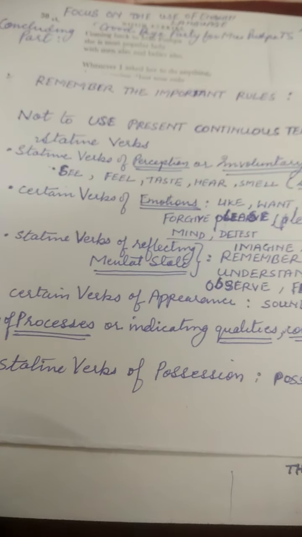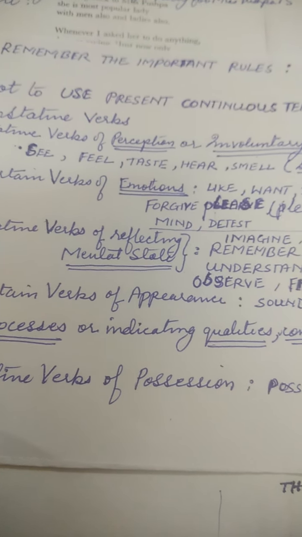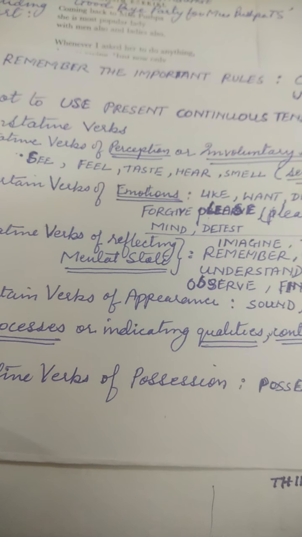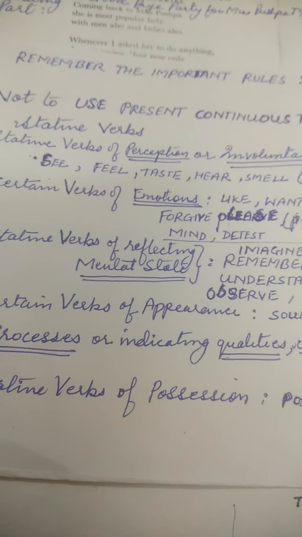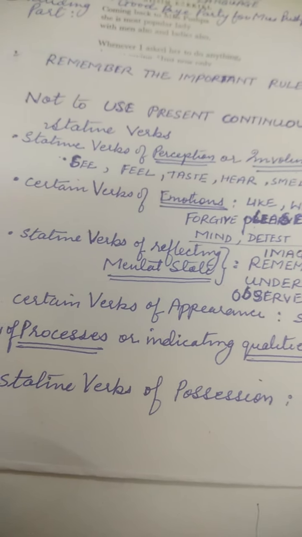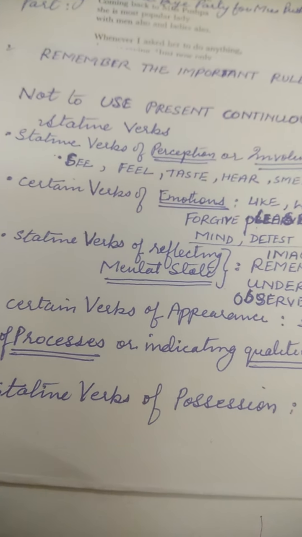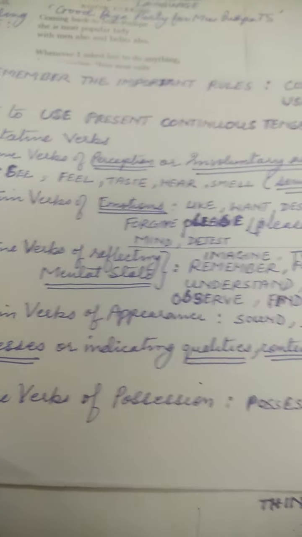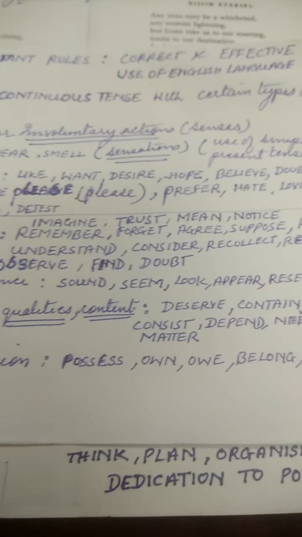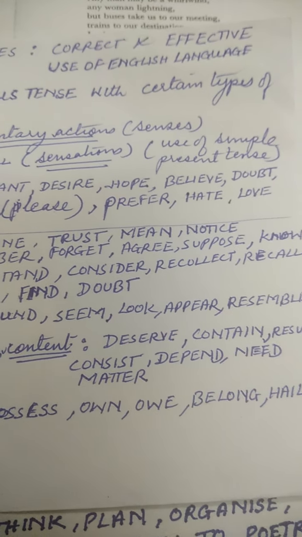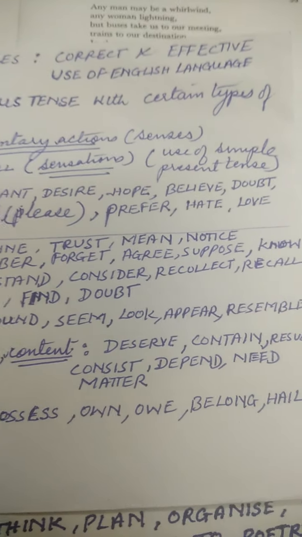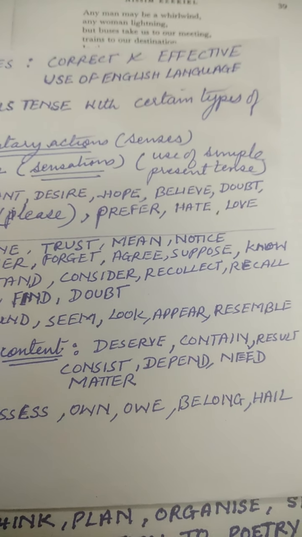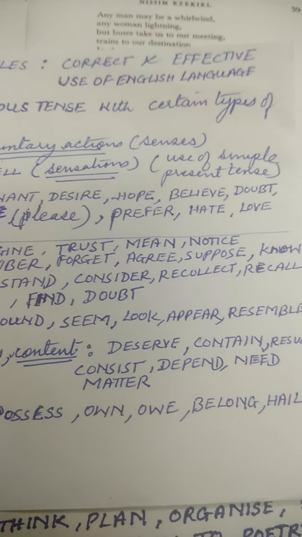Then another point is verbs of processes, which indicate some quality. What are these words? For instance, deserve. Now you would never use that she is deserving. I mean, she deserves it.